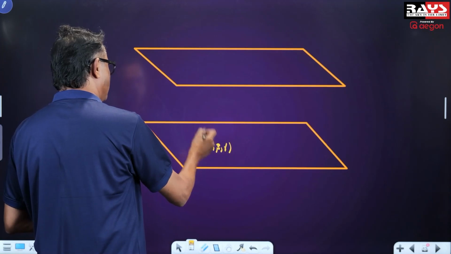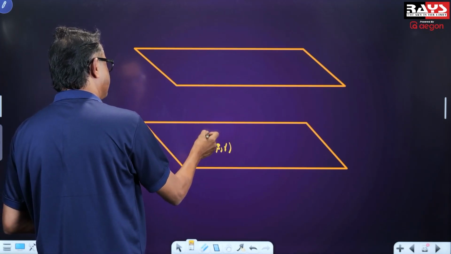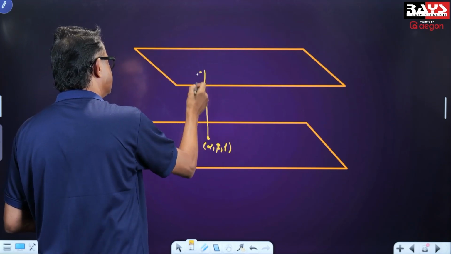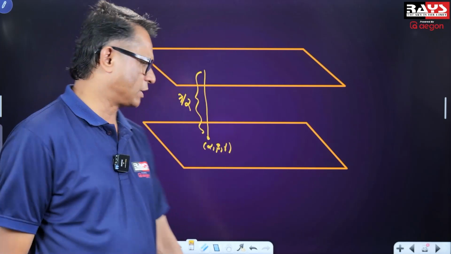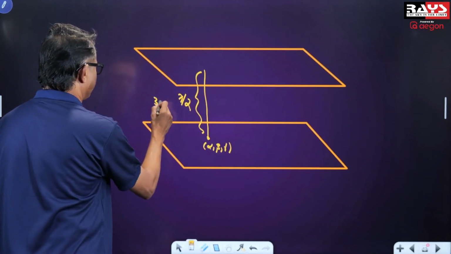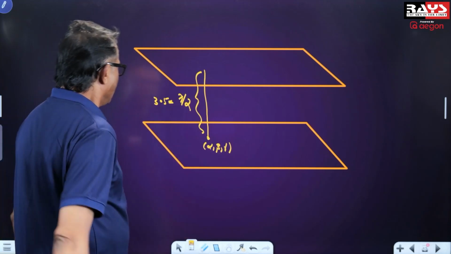The distance of this point from this plane is 7 by 2. This distance from here to here is 7 by 2, which means 3.5.